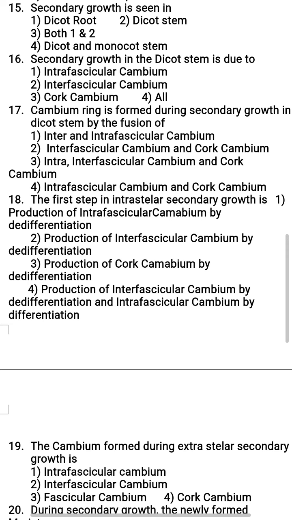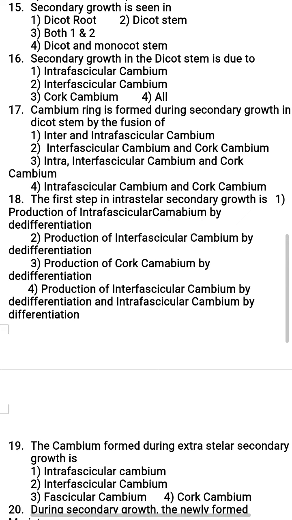Fourth, production of interfascicular cambium by dedifferentiation and intrafascicular cambium by dedifferentiation. Now let us see the correct answer. Students, the correct answer for the 18th question is the second one, production of interfascicular cambium by dedifferentiation.